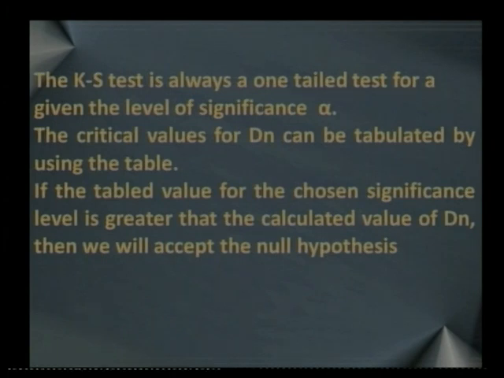The test is always one-tailed for the given level of significance alpha, and the critical value for Dn can be found using the table. If the tabulated value for the chosen significance level is greater than the calculated value of Dn, then we accept the hypothesis.